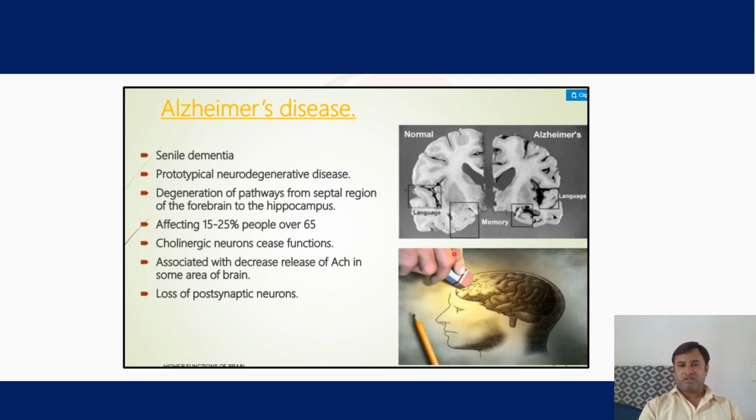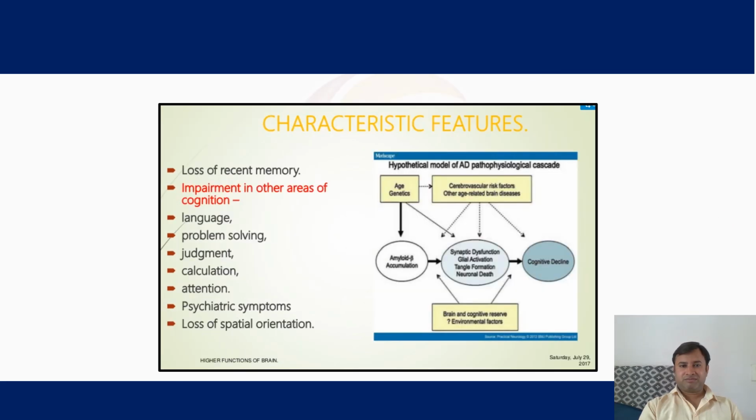You can see the figure here. This is a normal brain, and this is the damaged portion of the brain which causes Alzheimer disease. These are characteristics of Alzheimer disease: problems in language, problem solving, judgment, calculation, attention, psychiatric symptoms, and loss of spatial orientation.